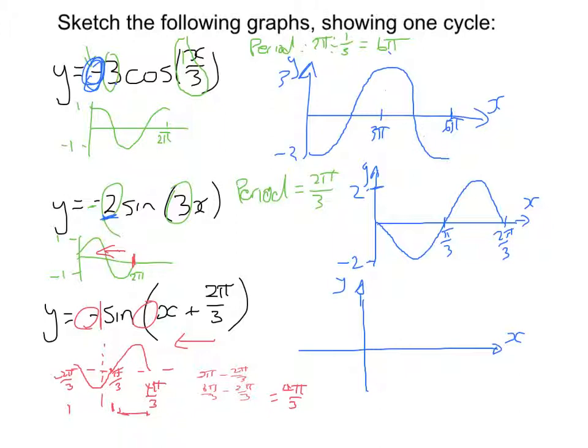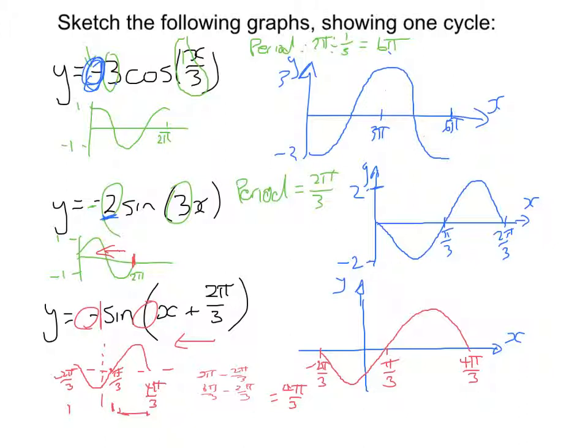So to draw that graph, it's going to be something like so. We're just talking one cycle here, so this is 4 pi over 3. Our halfway point was at pi over 3, and here we have -2 pi on 3.